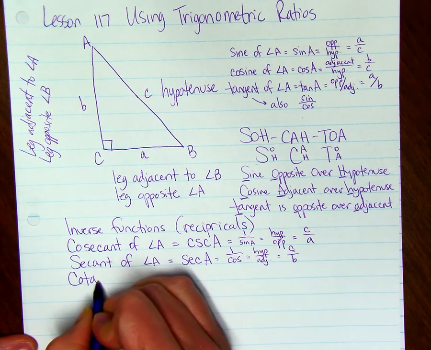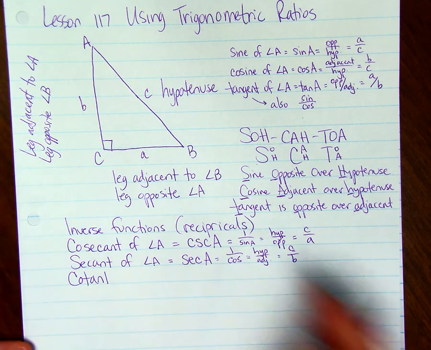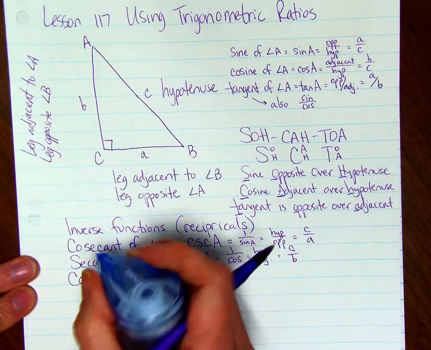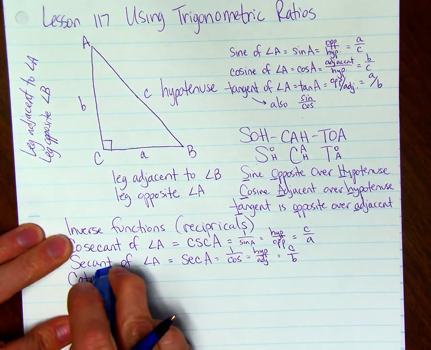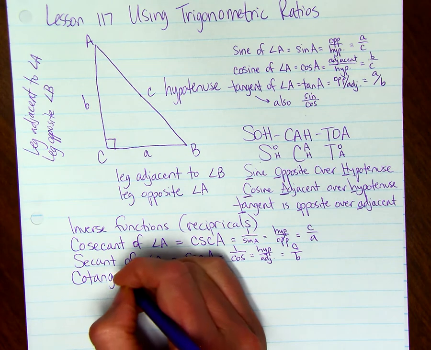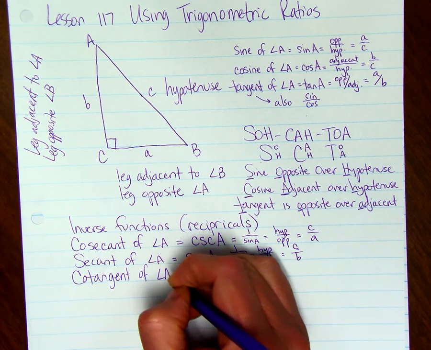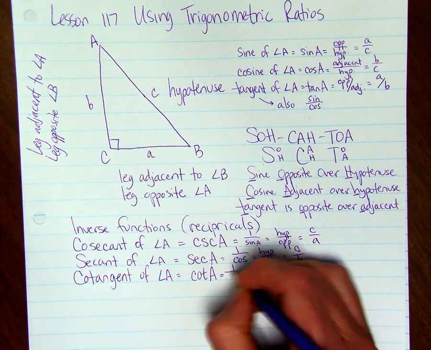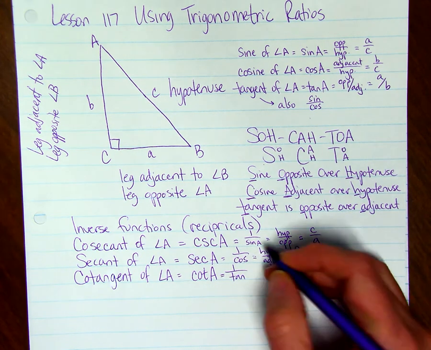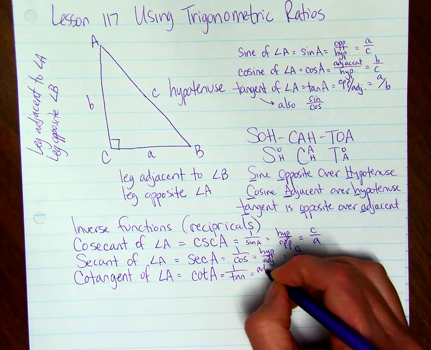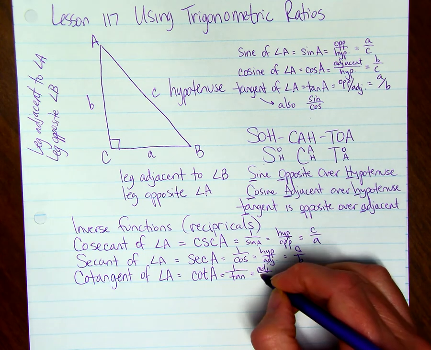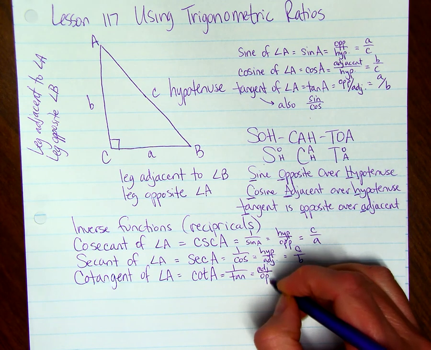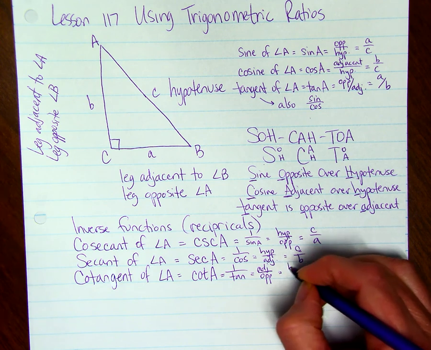And the last inverse is cotangent of angle A. We use cot, and we still say cotangent, and that's just 1 over tangent, which is adjacent over opposite. So that's b over a.